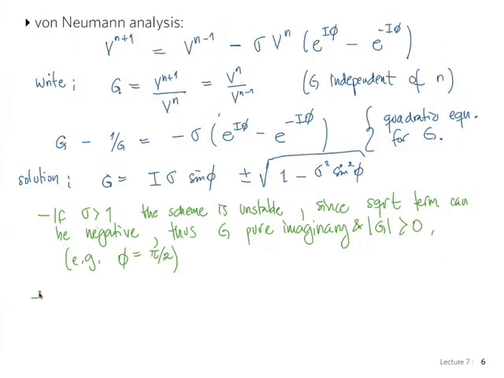Now, if sigma was smaller than 1, smaller or equal, then the term in the square root is always real.